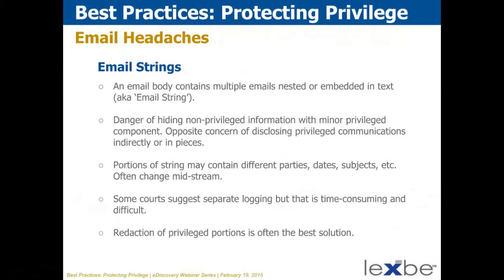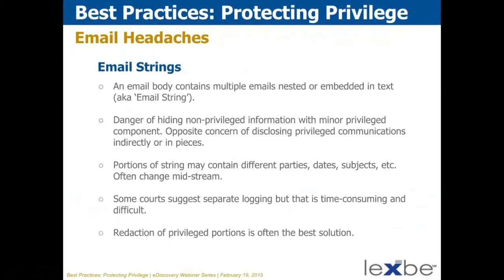The emails that have been forwarded or embedded often have various things in the text that will make those complicated or very difficult to separate out from different email clients. And there's the question of how to deal with these. What courts grapple with here is the danger of a party hiding non-privileged information with a minor privilege component.